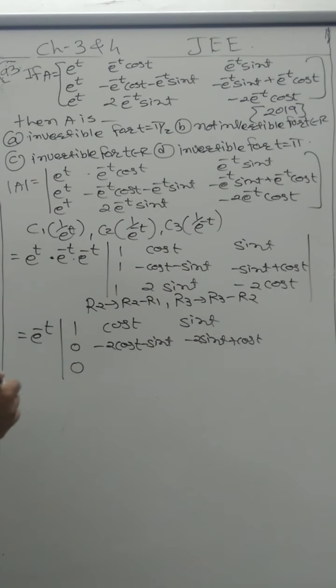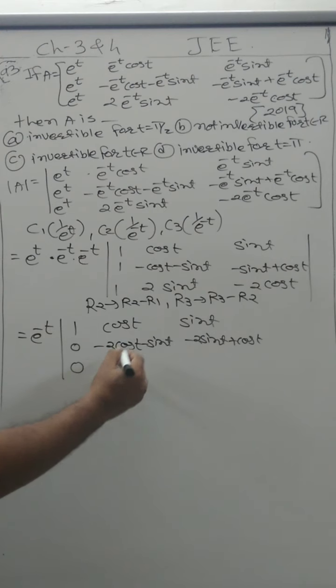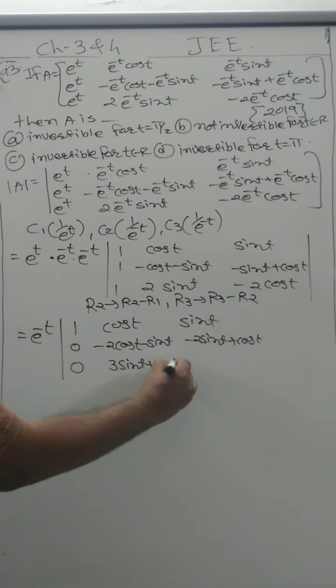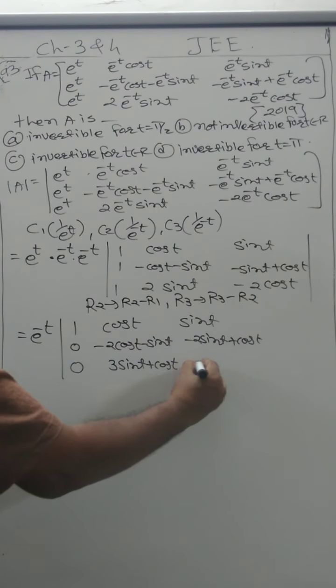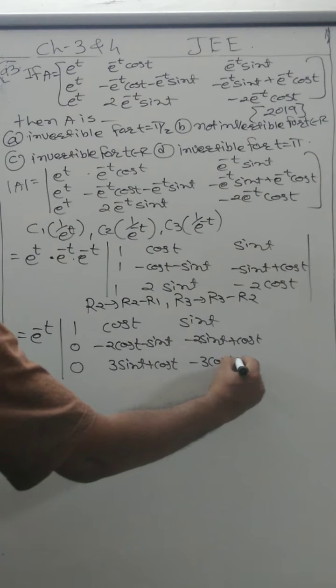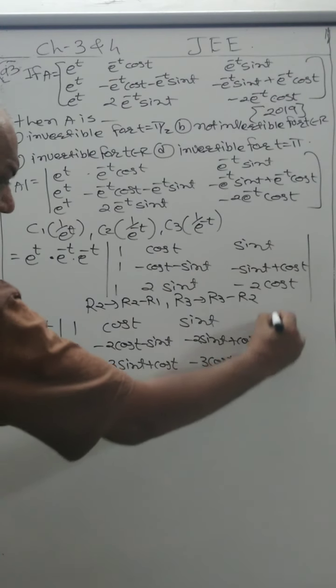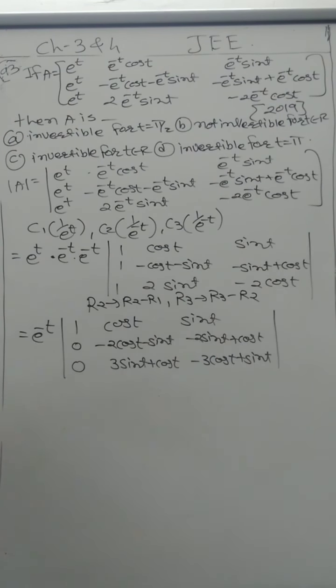Then here, if you subtract this, then minus 3 sin t plus cos t, and then minus 3 cos t plus sin t. This is our result. Now we just simplify here and cross multiply. Then we get our answer and then we discuss it.